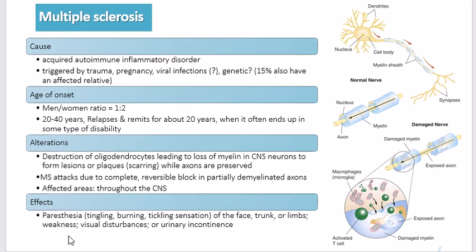Weakness is oftentimes seen, visual disturbances, as well as possibly urinary incontinence, depending on the person that is affected. And if the myelin sheath is lost, then the ability for an action potential to move along the axon as it should, continuing to pick up speed and travel where it needs to go, ends up being diminished or lost.